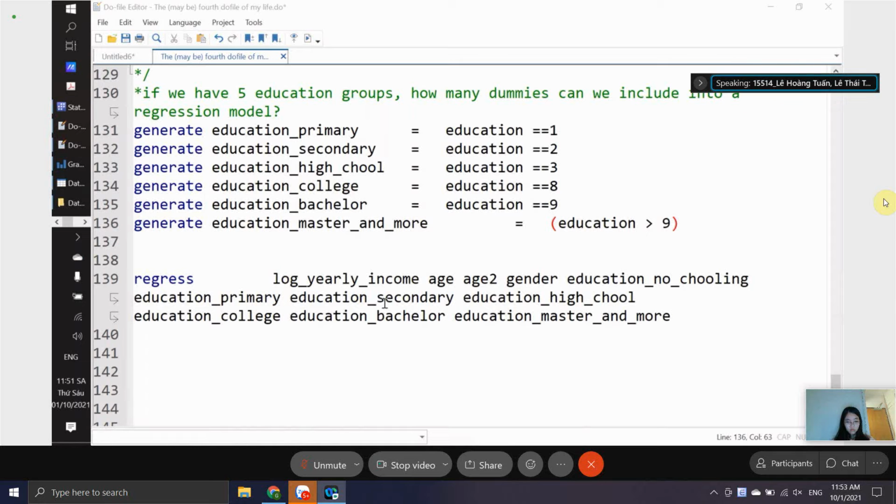Yes. In this regression model, Stata will automatically include a constant. If you sum all of these dummies together, it will create a constant. So there will be two constants, and the constant will be a linear combination of these dummies. Let me run the regression and you will see the problem.